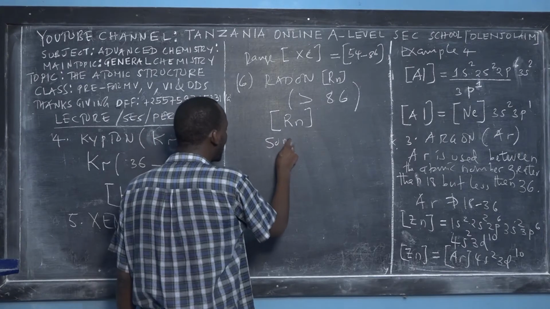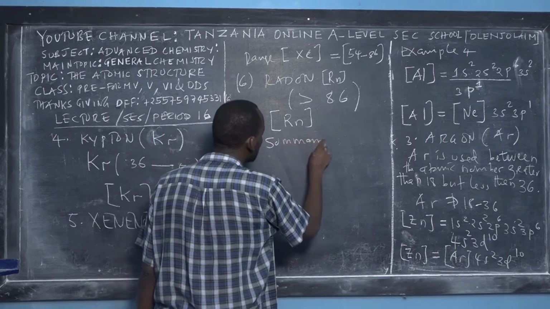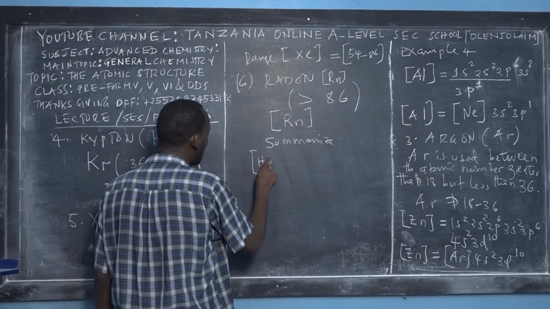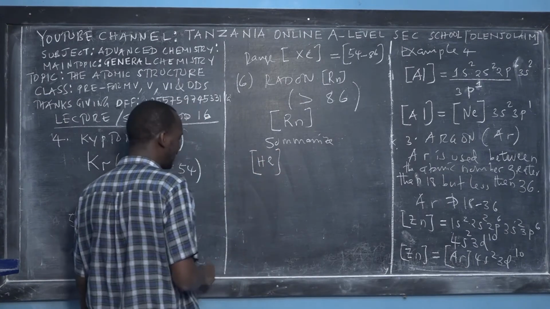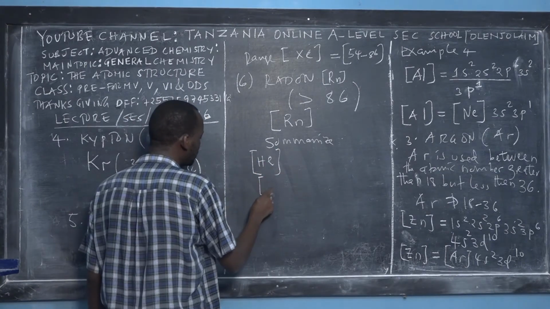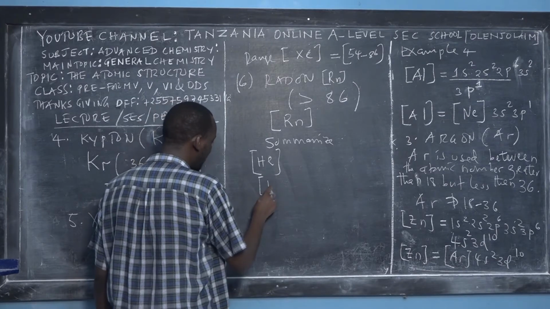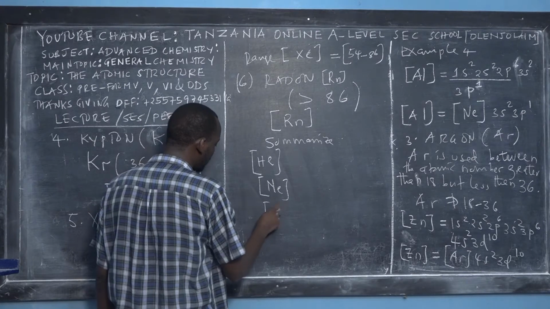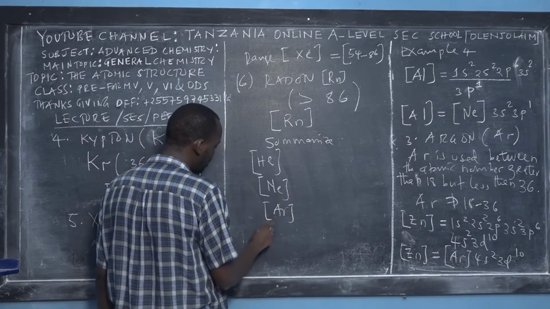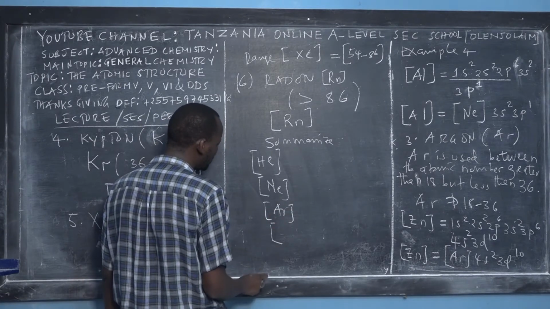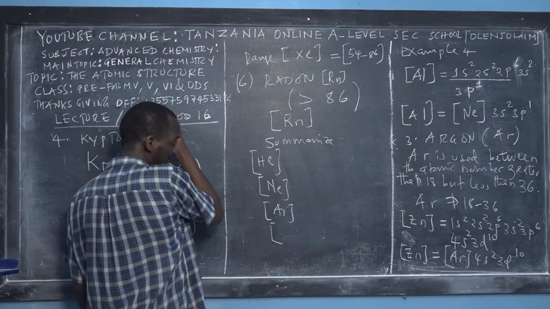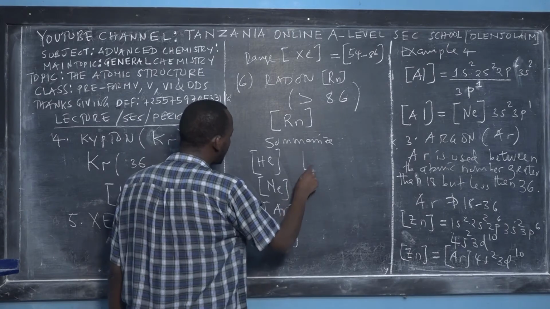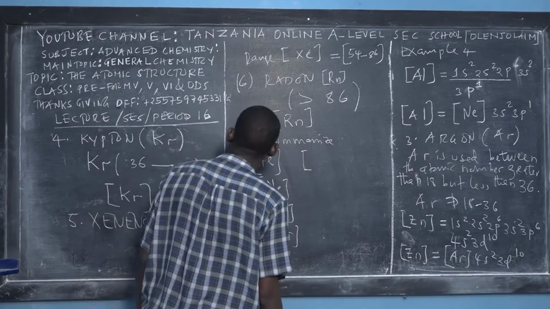So now to summarize, we can write electron configuration by using helium. We can write electron configuration by using what? Neon. We can also write electron configuration by using argon. We can write it by using what? Krypton. We can write it by using what?